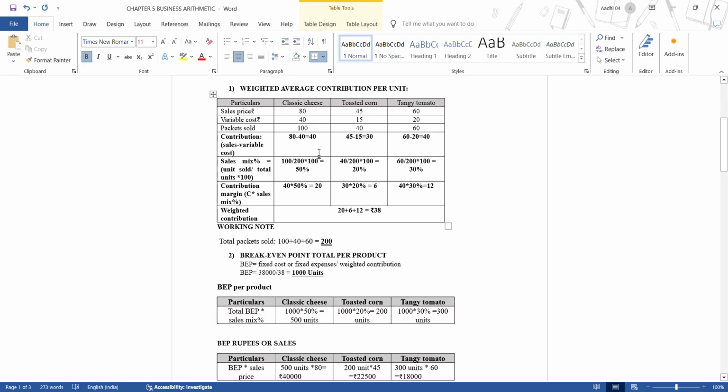So this is how we are finding contribution. So how to find contribution again? The formula to find contribution is sales minus variable cost.